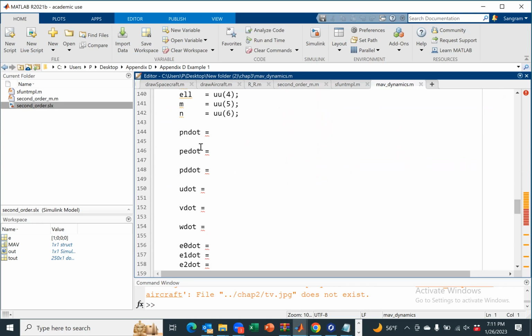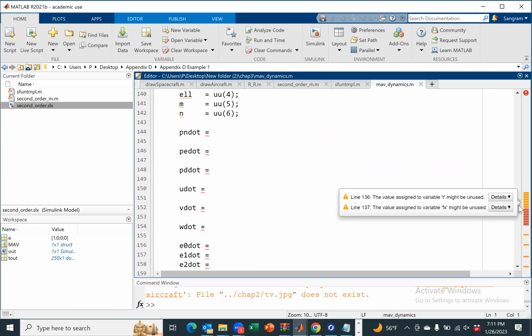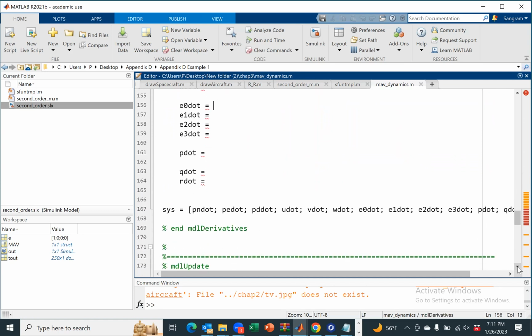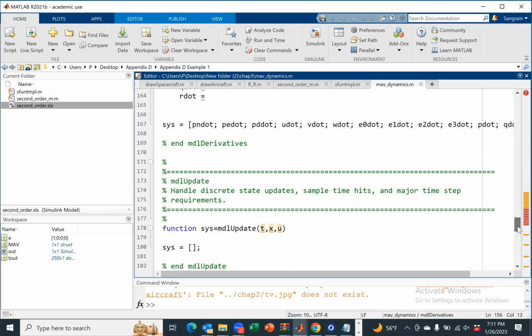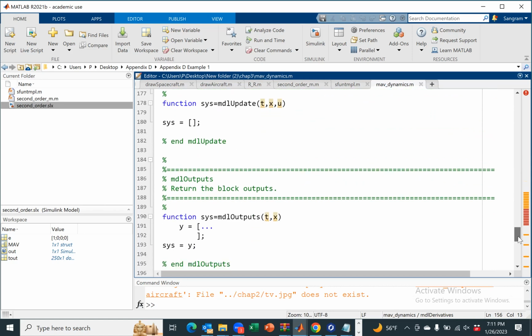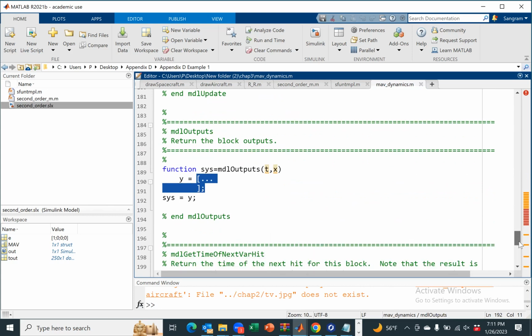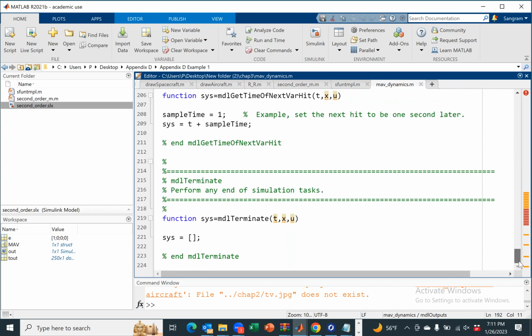This is the first equation, second, third, fourth, fifth, sixth, 7, 8, 9, and then you will get these 12 equations. And finally, you will send an output here, and you do not have to change anything else over here, except you will have to send these outputs, and then this would remain as is.